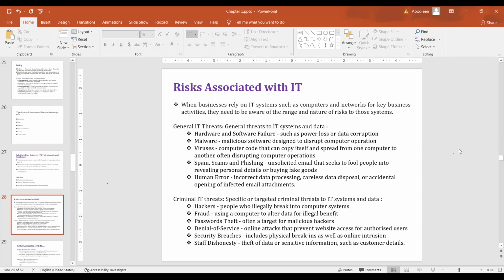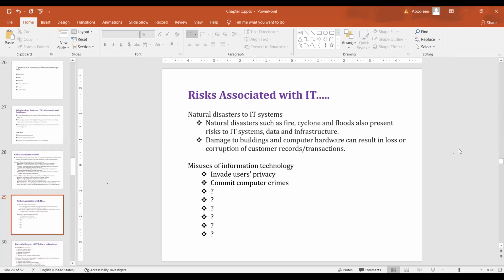We can classify the associated IT risks into various topics: general IT risk or threats, criminal-related IT risk, and natural disaster-related IT risk.